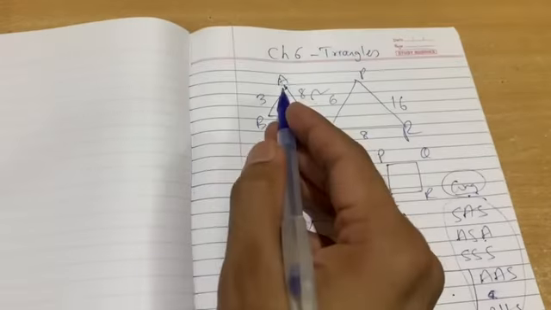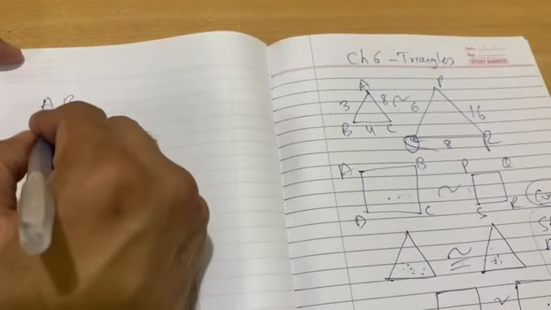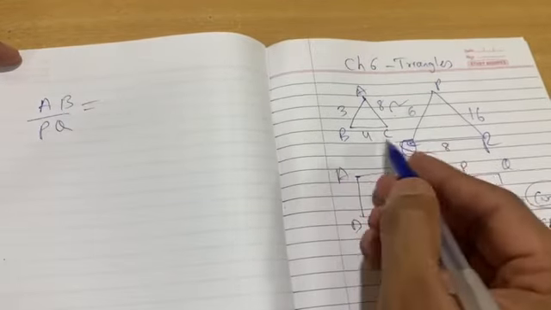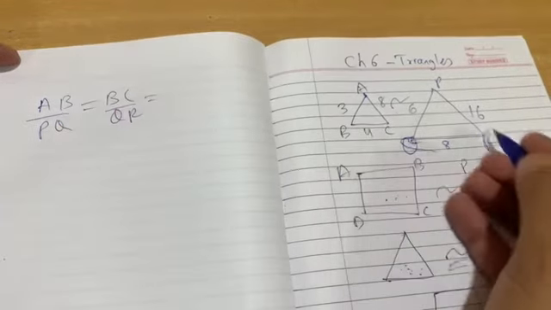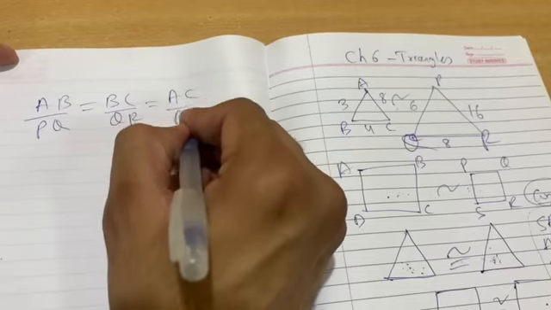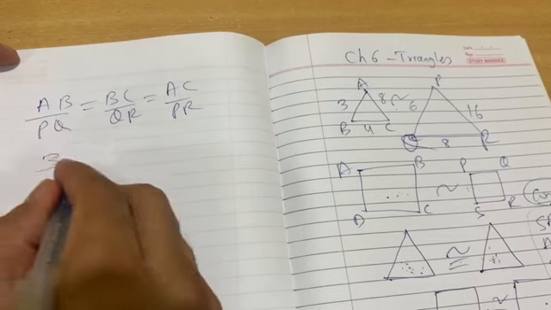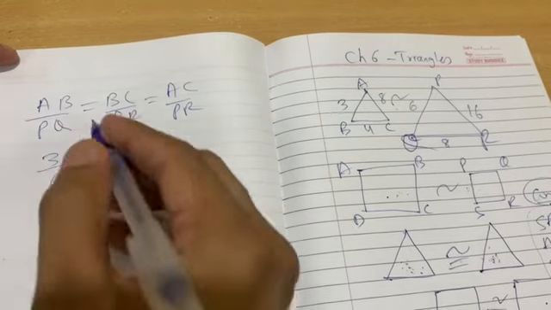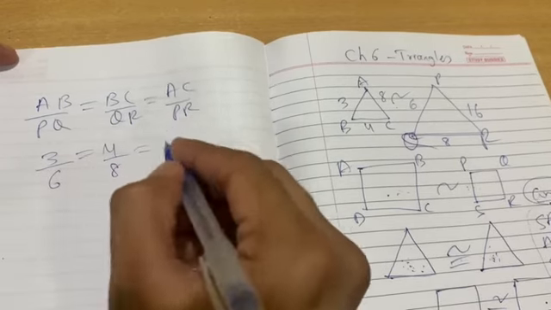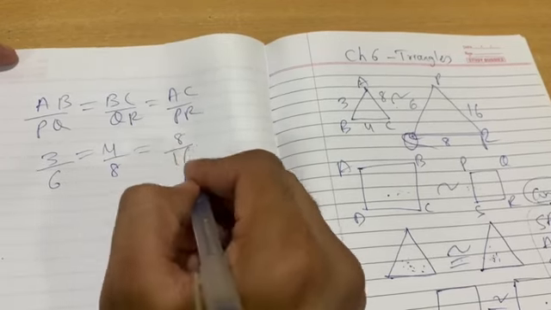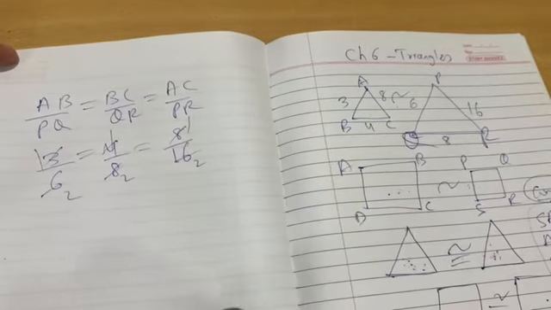If you check AB upon PQ equal to BC upon QR, and AC upon PR, so if all sides are proportional: AB is 3, PQ is 6, BC is 4, QR is 8, AC is 8 and PR is 16. If you observe, if I divide all the sides, I am getting the answer 1/2.